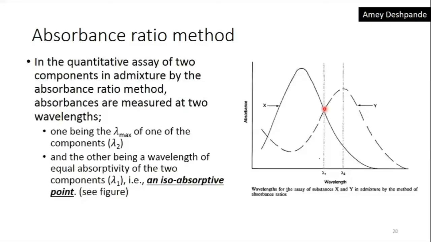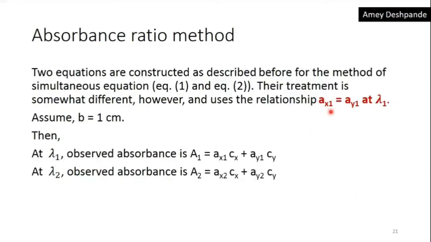What is AX1 equal to AY1? We are talking about this point. Absorptivity of X at the first wavelength is equal to absorptivity of Y at the first wavelength. That's why AX1 is equal to AY1 at lambda 1. We are going to assume that b is equal to 1 centimeter.